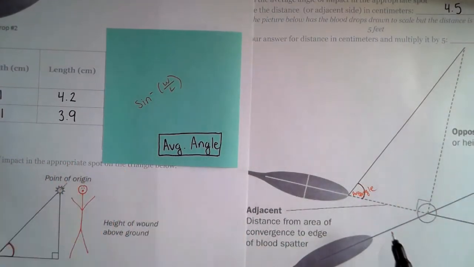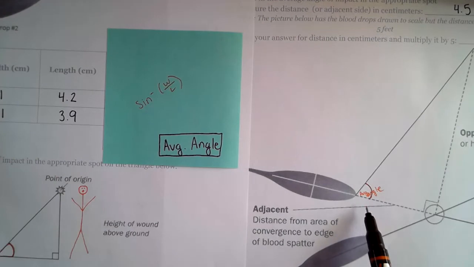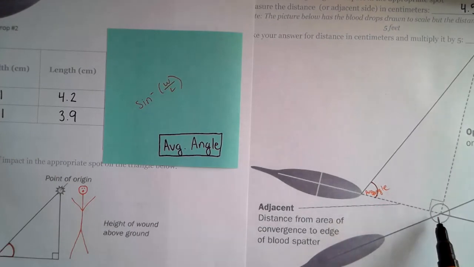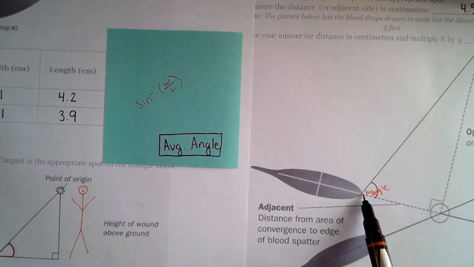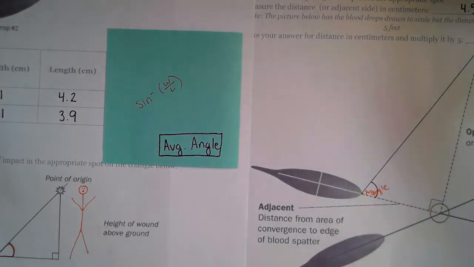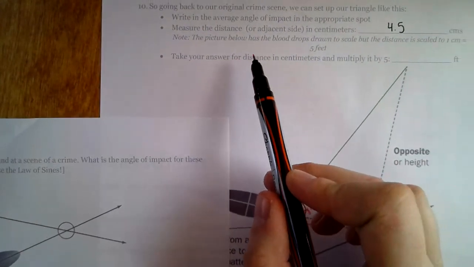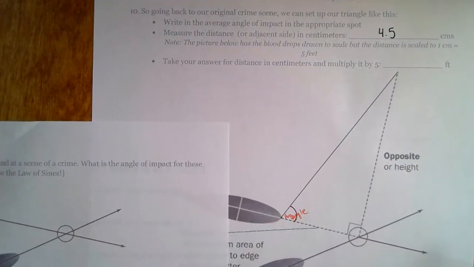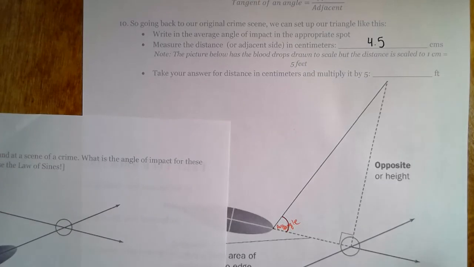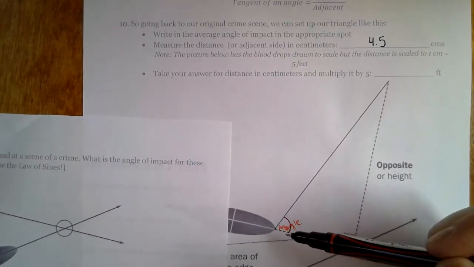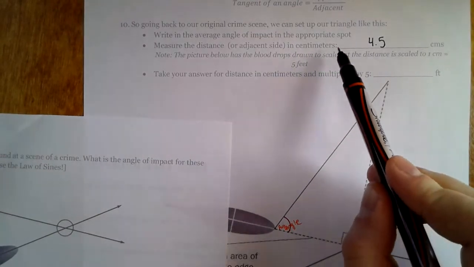And then we have to figure out the distance from where that victim was standing to where that first blood drop is. Normally you would measure this, and that's what it says there: measure the distance, or the adjacent side, the side right next to the angle of impact, in centimeters.